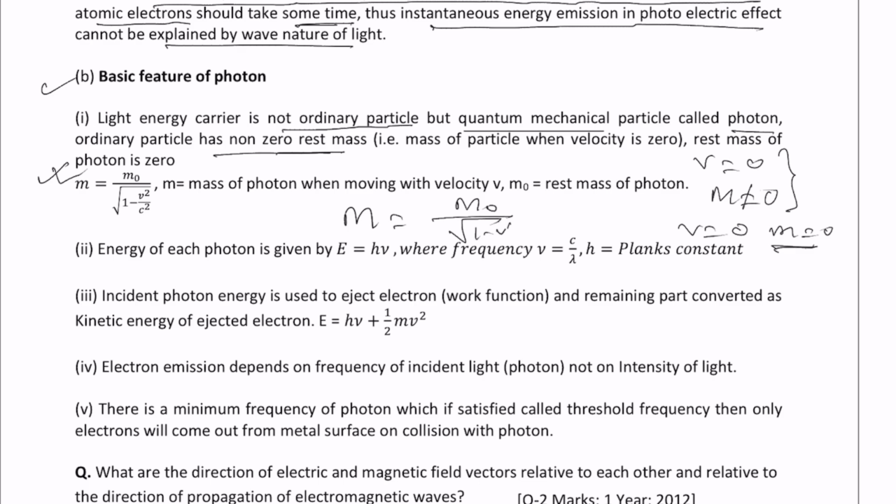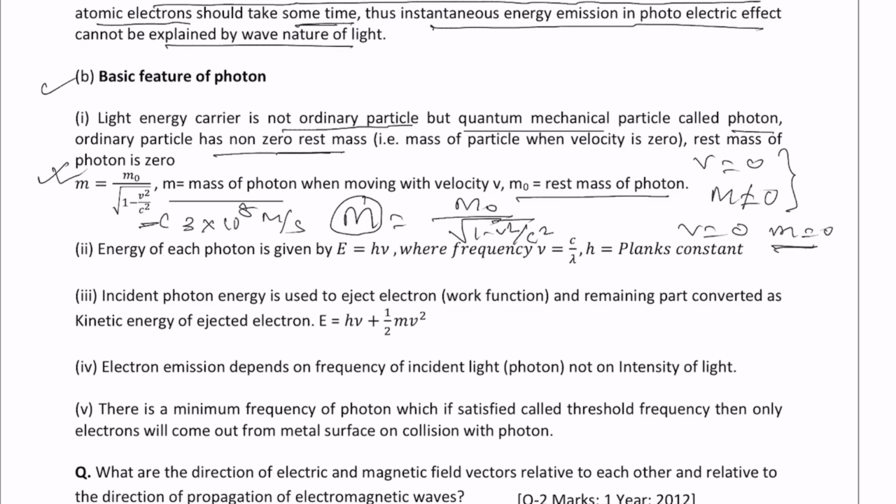Now see, in this equation, as v increases, the denominator decreases, so the mass increases, correct? So if v is 0, then we get the rest mass, so m0 is the rest mass. This mass is for a quantum mechanical particle, where relativistic motion is considered, meaning the mass of a particle depends on its velocity, okay? So this is how it is written. c is the velocity of electromagnetic waves in air, that is 10 to the power 8 meters per second, okay?